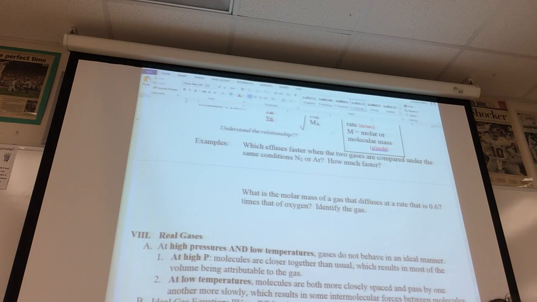Right here it says which effuses faster when the two gases are compared under the same conditions, nitrogen gas or argon. Nitrogen would be 28 grams per mole, argon would be about 40. Nitrogen.